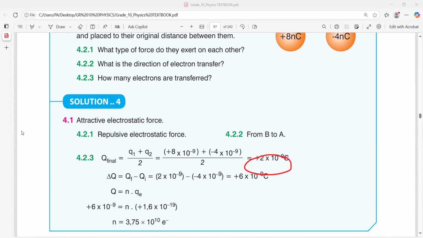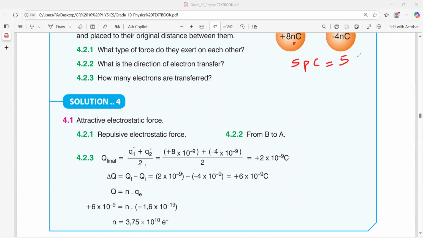Our steps, you know already: Q final first, Q1 plus Q2 over 2. Let's write Q1 plus Q2 over 2. And then Q1 is plus 8 times 10 to the power of negative 9. How do we know it's negative 9? Because you have nC. All right. So let's remember our units, all converting units. If you have picocoulombs, let's say 5 picocoulombs.